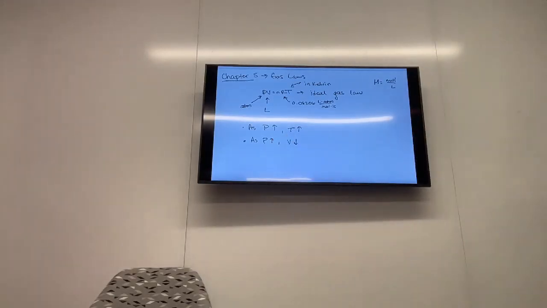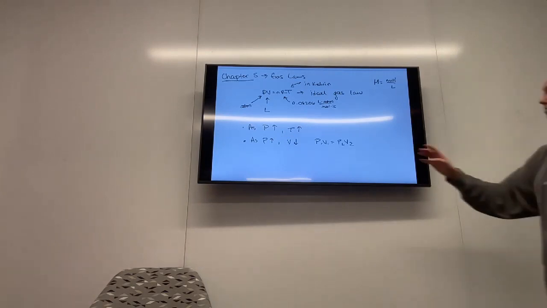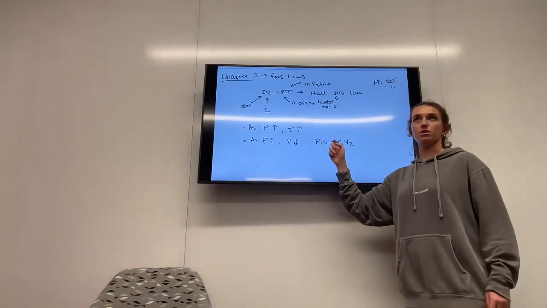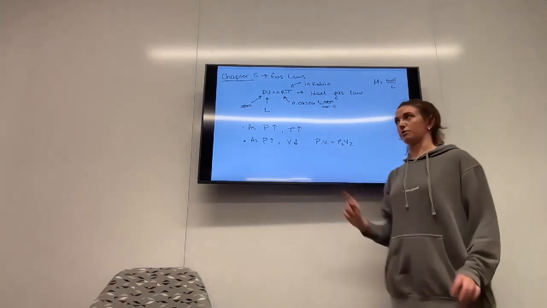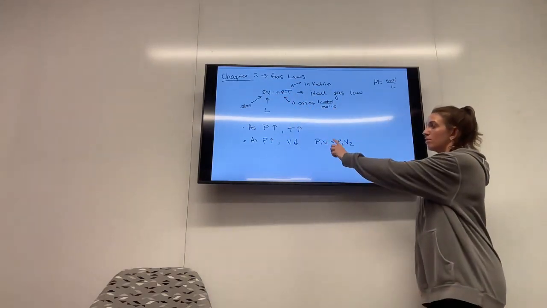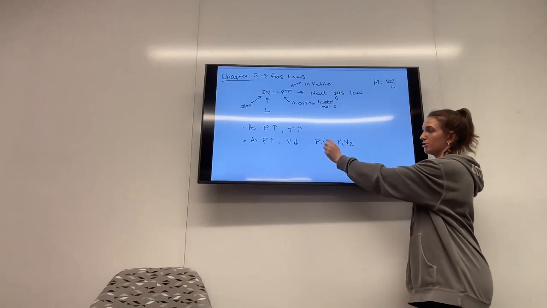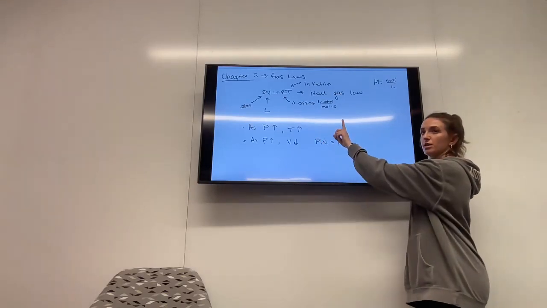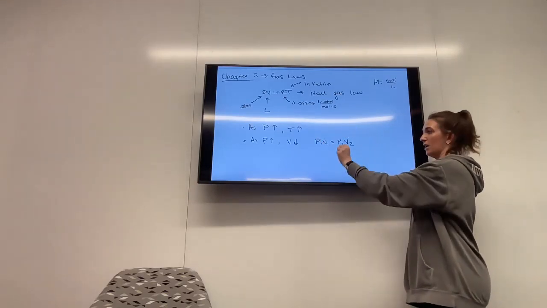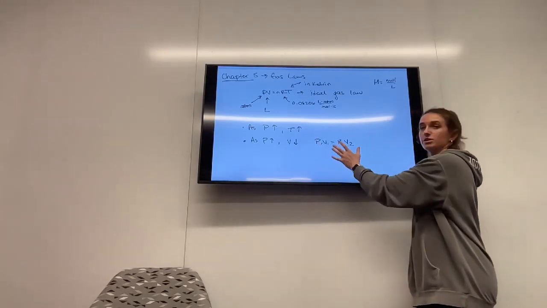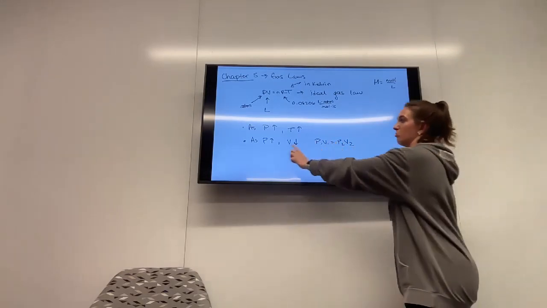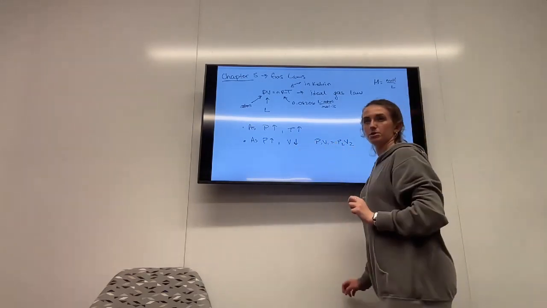P1V1 is equal to P2V2, this is equal to a constant, like this nRT stuff over here. So if you have a starting pressure and a starting volume, and you increase your pressure, you have to decrease your volume in order to keep this relationship constant. So this is just proving the relationship that we talked about.